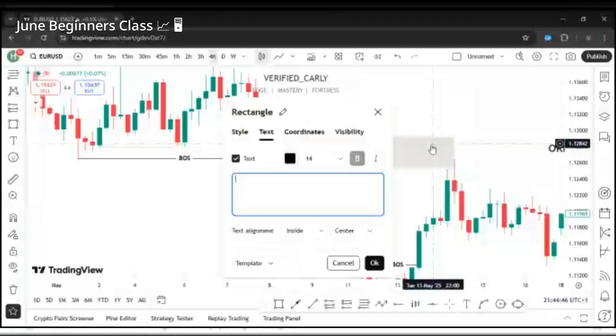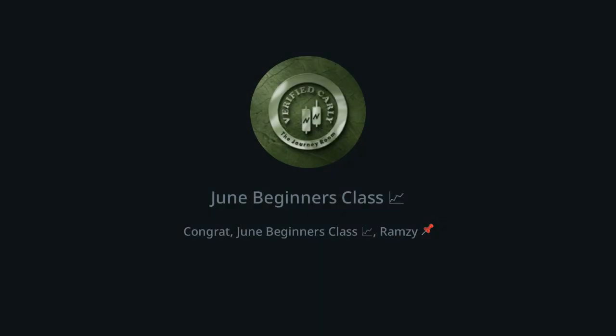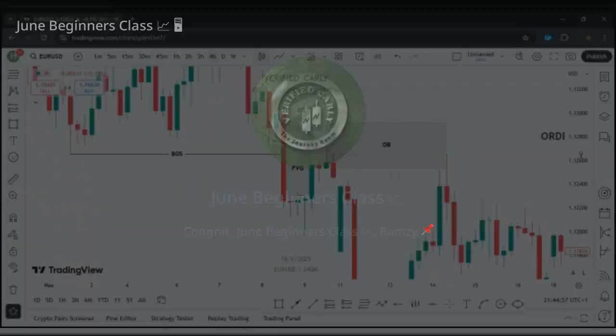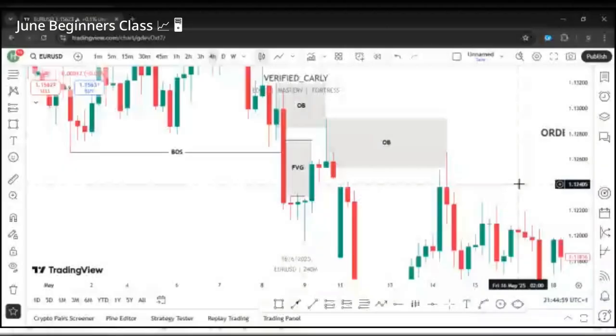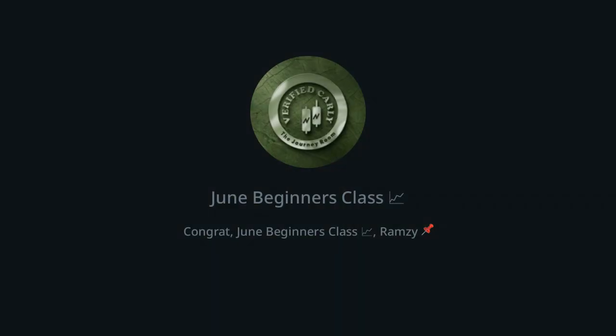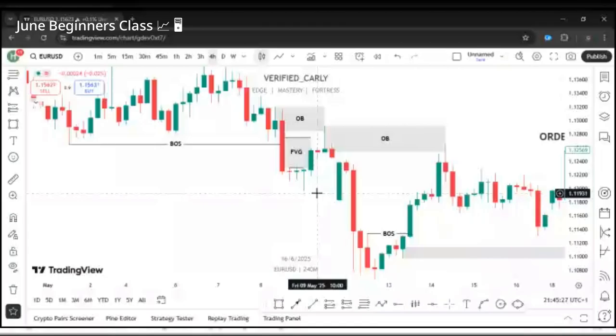So this also is an order block. As I said, a bearish order block is the last bullish candle before a bearish move. If you notice the break of structure, as you are seeing right here, this is where we had the break of structure.